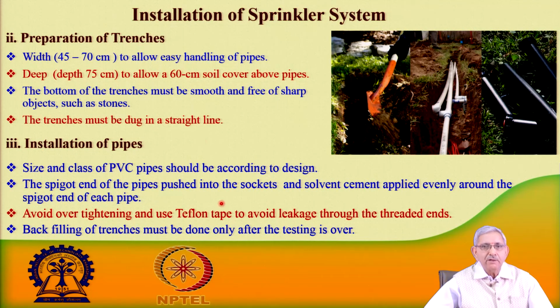You can see here the trench. Normally the trench should be of a size that will accommodate the main pipeline, the sub-main pipeline, and, if it is portable, the lateral pipeline. So, it should be wide enough, with enough depth as well. Normally 45 to 70 centimeters width and 70 to 75 centimeters depth.